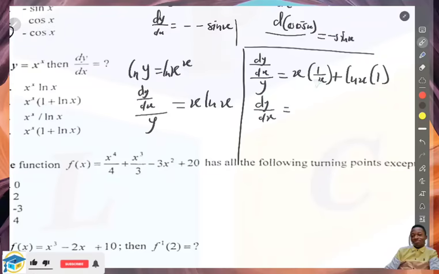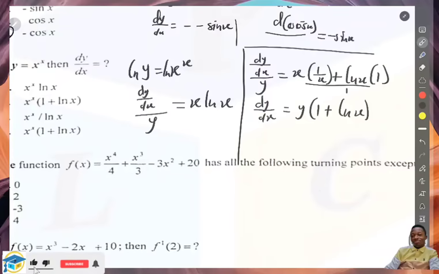But remember, this x can cancel this x. So we are left with y into bracket, everything going to result to 1 plus log x. Because the whole of y cross multiplication will multiply this, and then 1 will multiply dy over dx, as we are getting here.